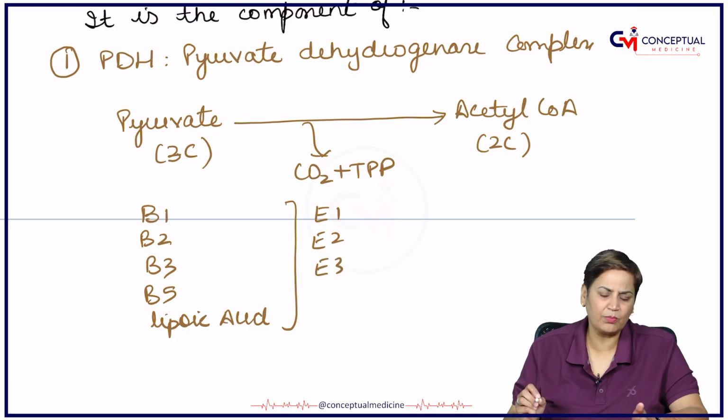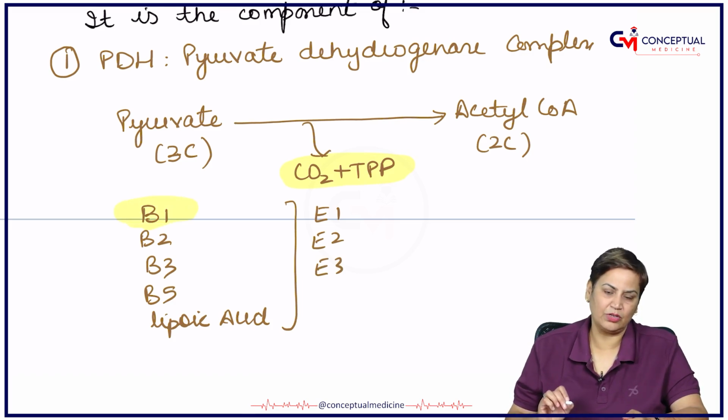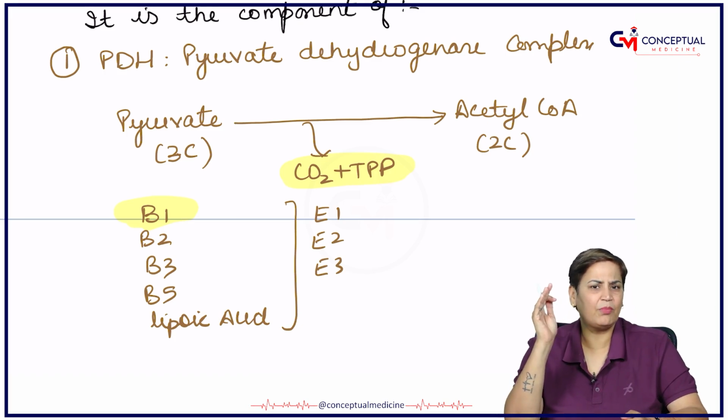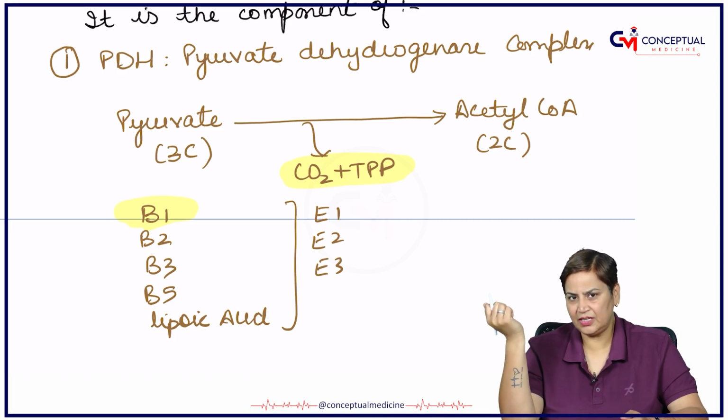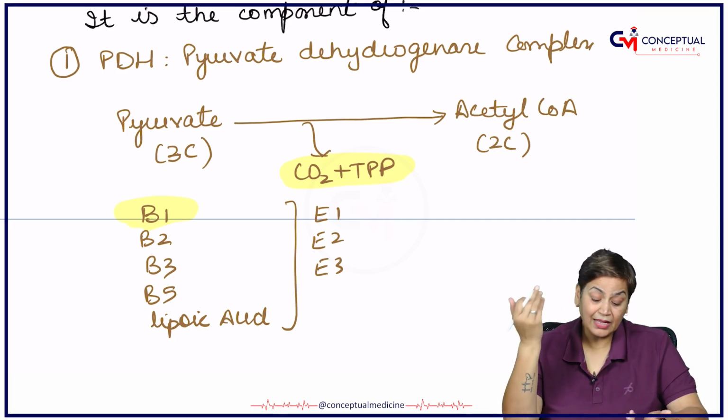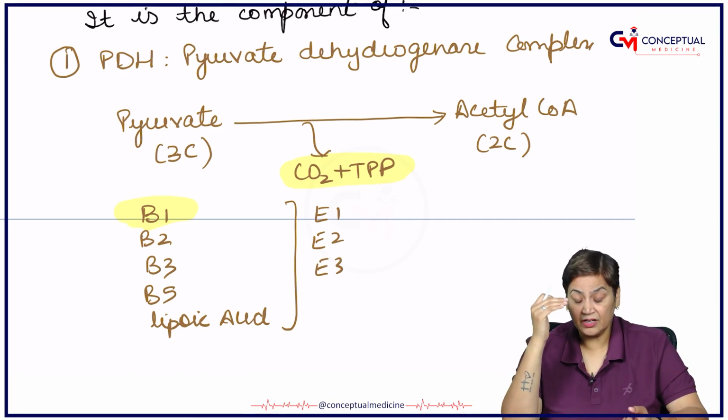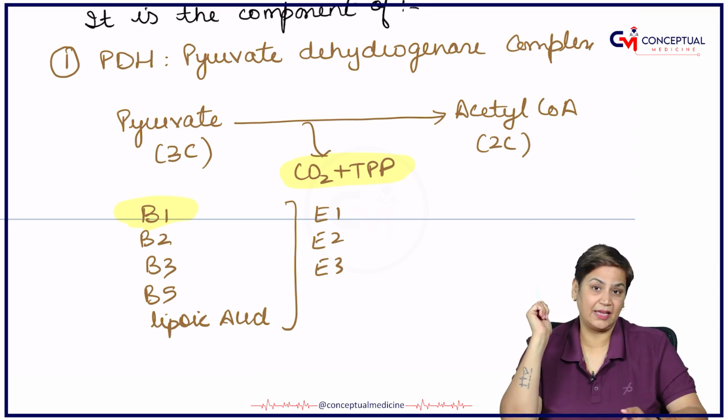The most important point to remember here is the removal of carbon dioxide is done by thiamine pyrophosphate, which is oxidative decarboxylation. This is a very important reaction in that it links glycolysis with TCA, and it is the only reaction converting glucose to acetyl coenzyme A, which will undergo the TCA cycle.